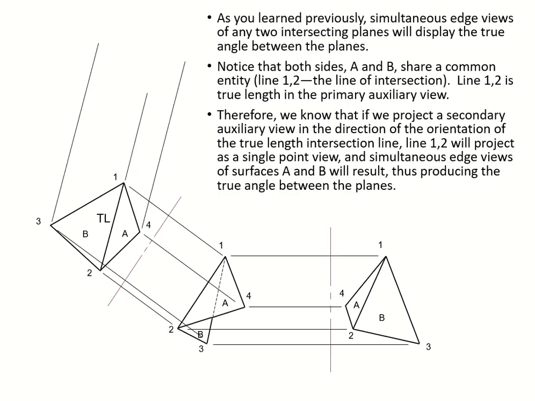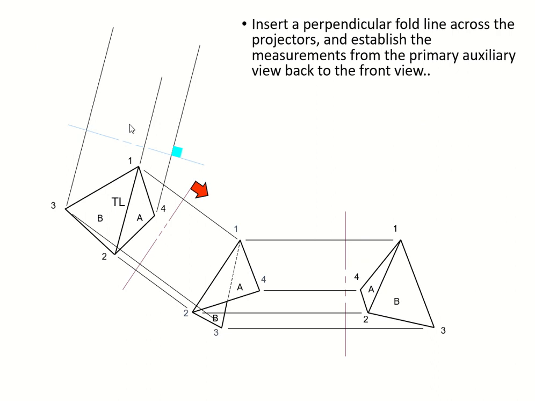Then the third projection comes out. We project all of your projectors, then throw the third fold line because we need to produce the top view out of it. Again, always measure from your reference plane, which is this one: from here, here, here.